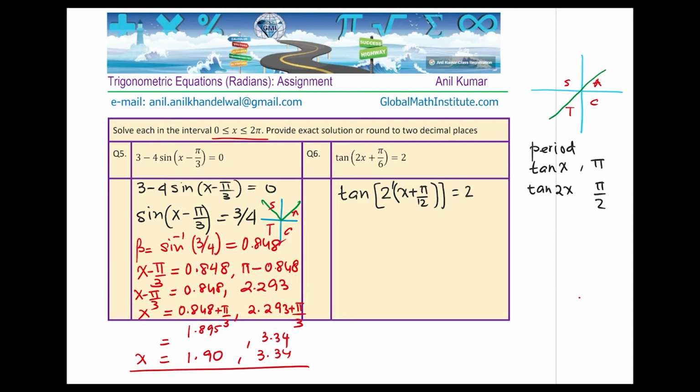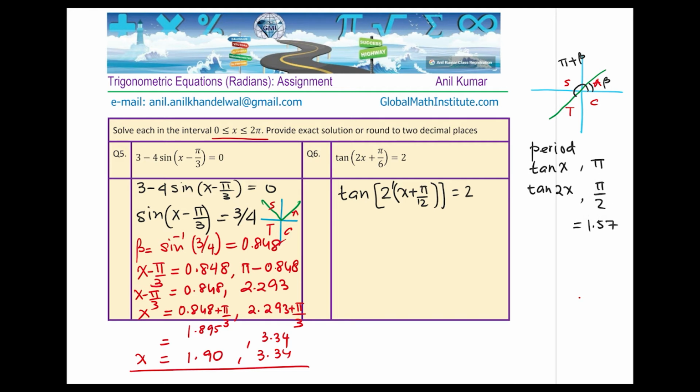Pi by 2 as a decimal number is 1.57. So if this is one value, let's say beta, in that case the other value is pi plus beta. But since we are talking about 2x, the period is pi by 2, right?